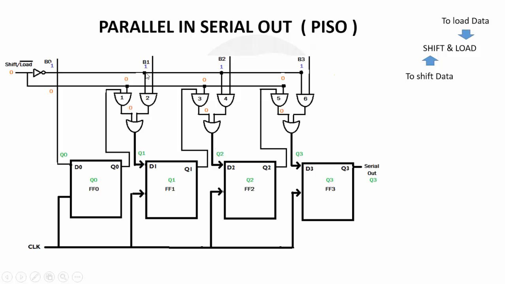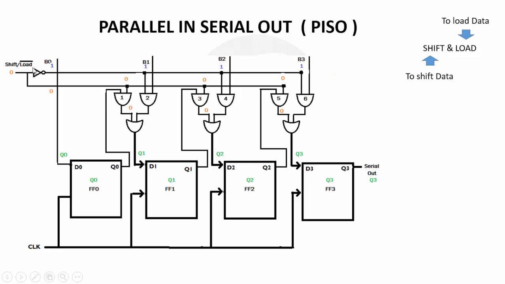One input of these AND gates is 1, and we also know that whenever one input of an AND gate is 1, its output will be the other input. So whatever data we put in B0, B1, B2 and B3 will come directly as input to the flip-flops, and when the falling edge occurs, this data will get stored in the flip-flops. So Q0 will get stored in flip-flop number 0, Q1 in flip-flop number 1, Q2 in flip-flop number 2, and similarly Q3 in flip-flop number 3, and we will have output Q3.